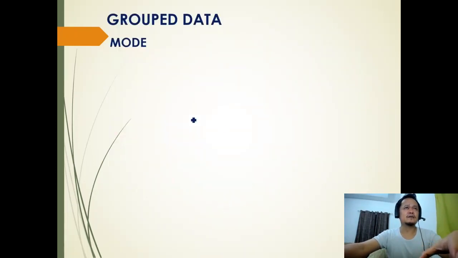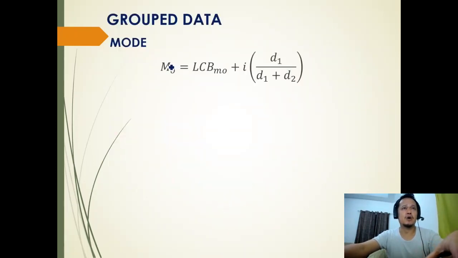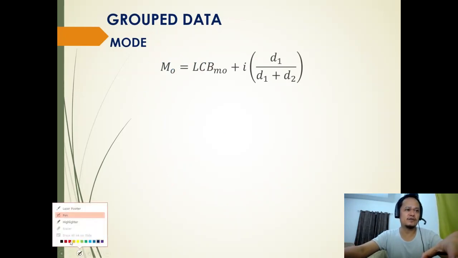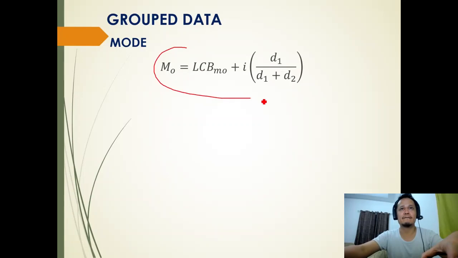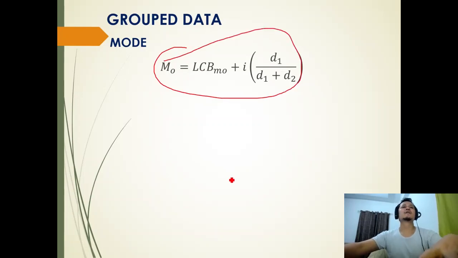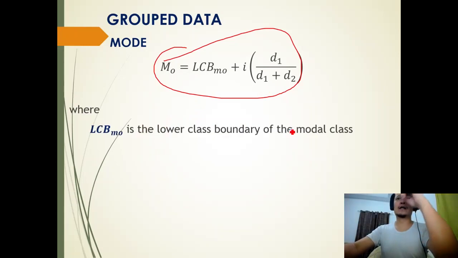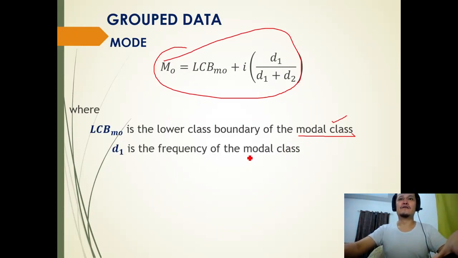The next thing that we need to find is the mode. Again, same with the median class, the formula for the mode is quite different. The mode is equal to the lower class boundary of the modal class plus I times D1 over D1 plus D2. LCB MO is the lower class boundary of your modal class.